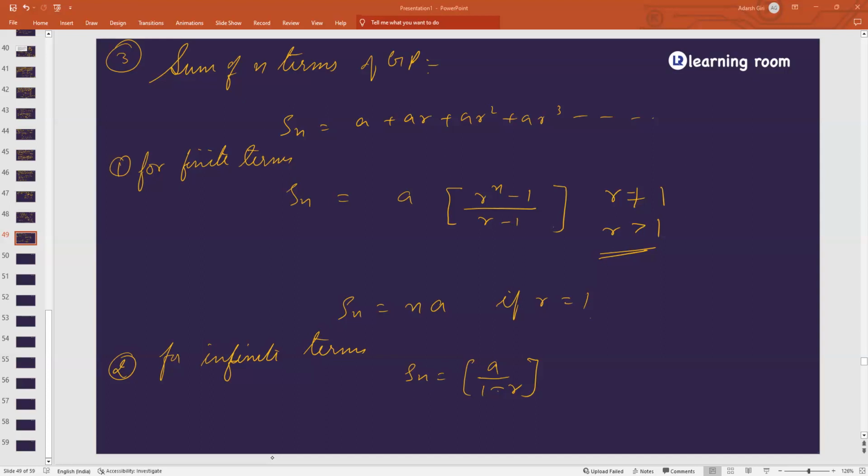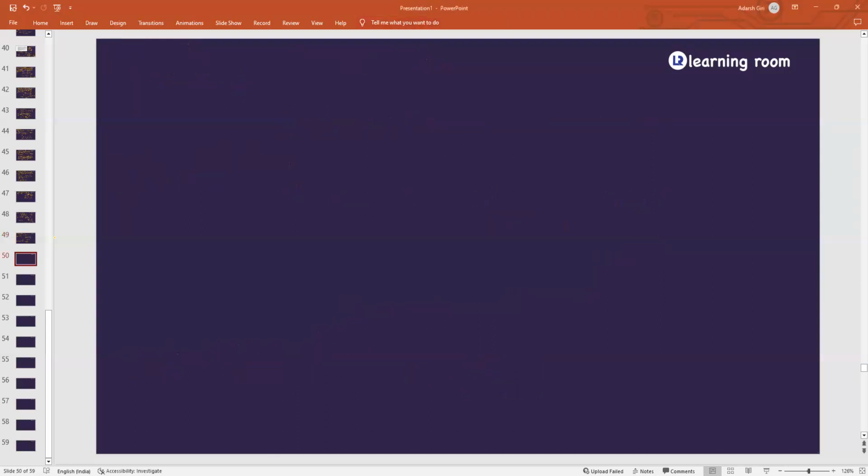All right, so let us solve some questions. The question says: find the sum of the first 5 terms of the GP 10, 30, 90, and so on. This is a GP.